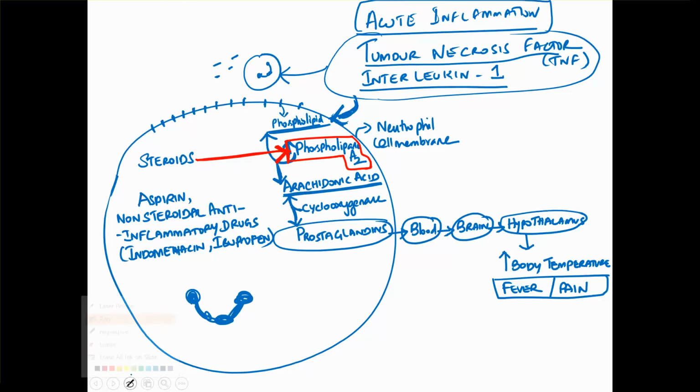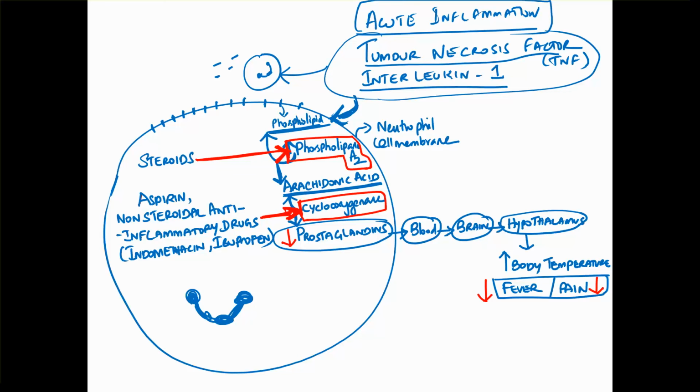These will block the cyclooxygenase, and the prostaglandin is reduced, and fever is reduced, pain is reduced.